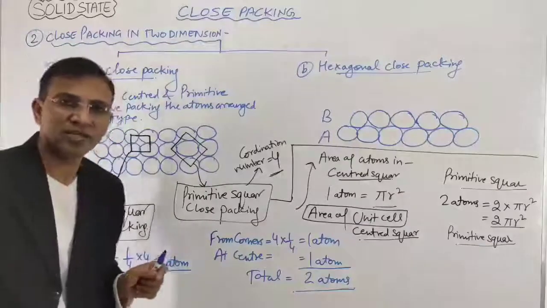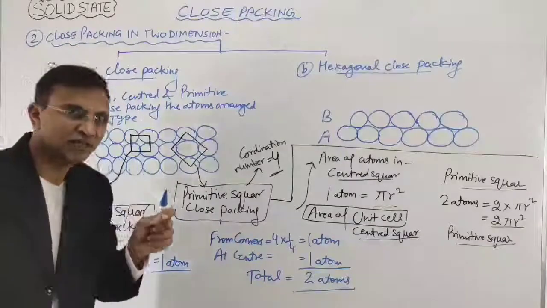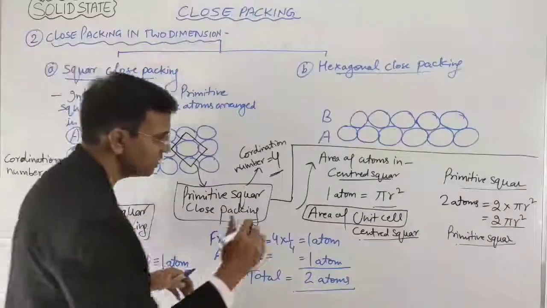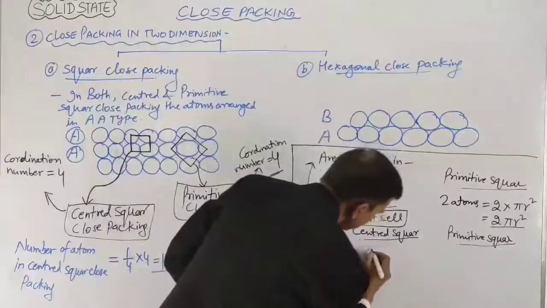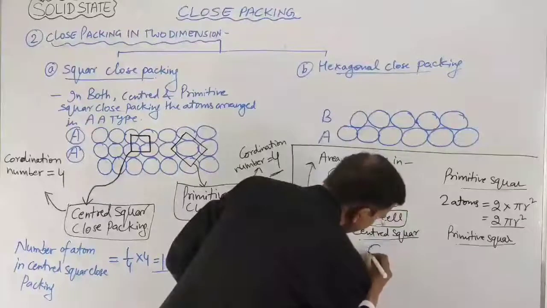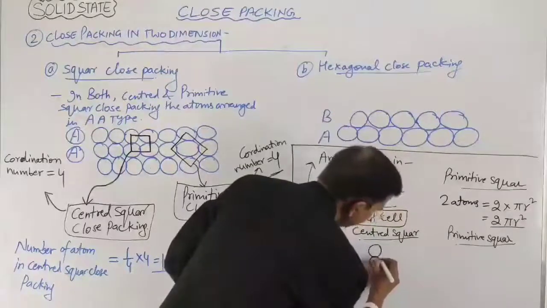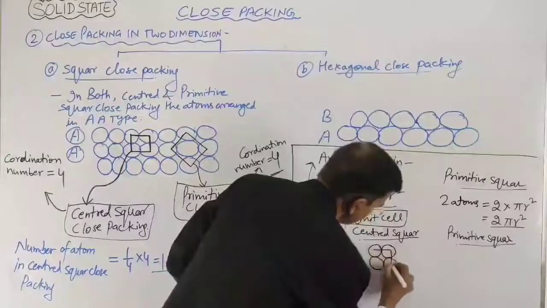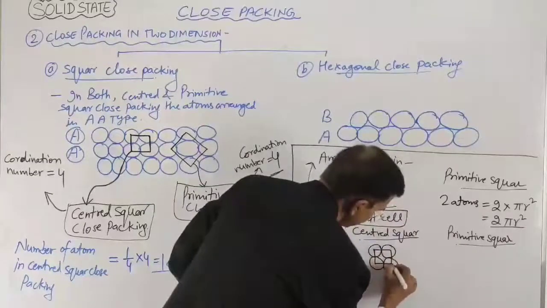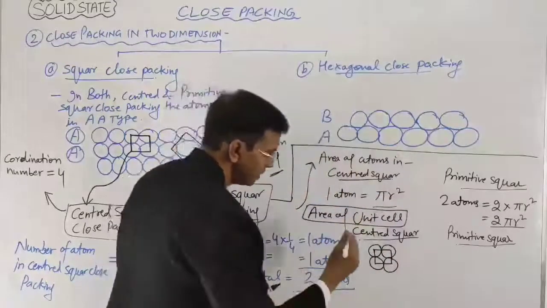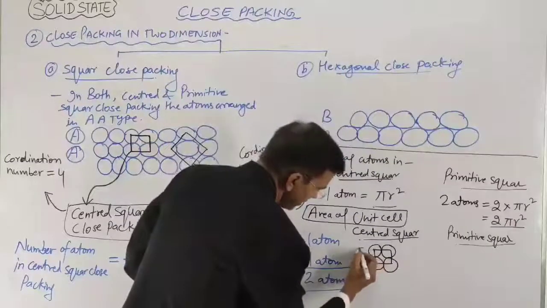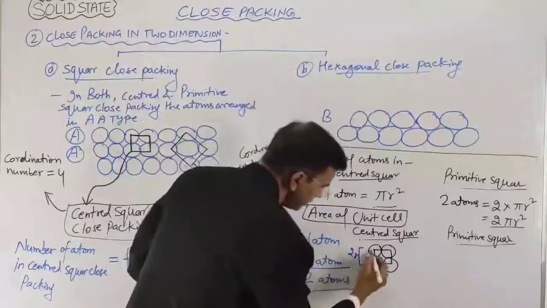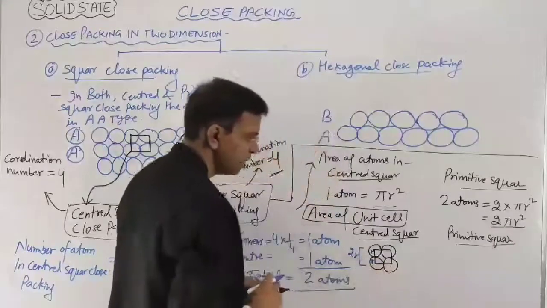A square has the unit cell edge length. If you calculate the edge length, then the edge is just like this: the one atom, second atom, here the third atom, here the fourth atom. So this is the square. This edge length is 2r, r plus r, 2r.